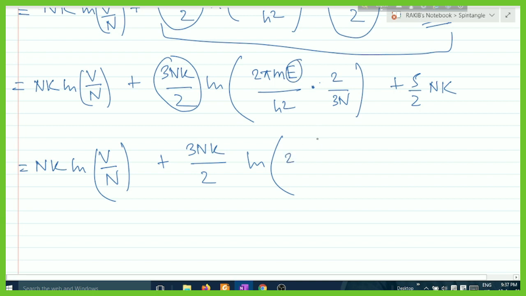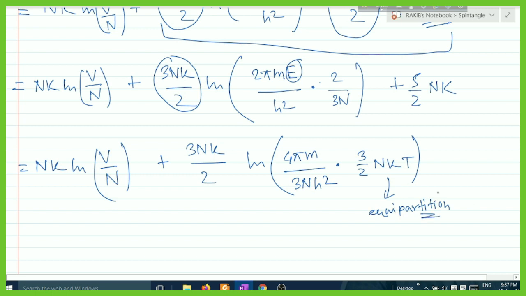Say I am writing this 4 pi m by 3n h square. What is E here? E here is 3 by 2 nkT. That was from the law of equipartition of energy. In the previous lecture we have discussed this, the law of equipartition. Okay, plus 5 by 2 nk. I think this is done.